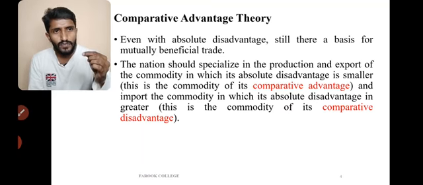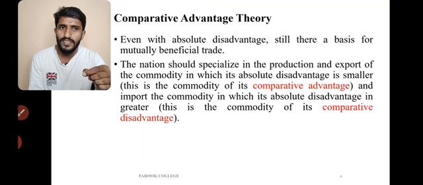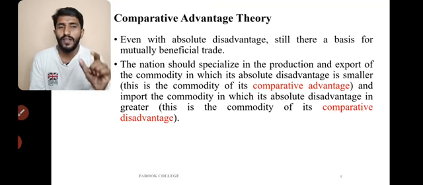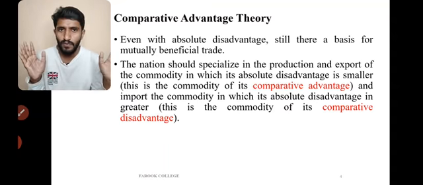The nation should specialize in the production and export of the commodity in which its absolute disadvantage is smaller. So suppose that country has a disadvantage in producing both the commodities.